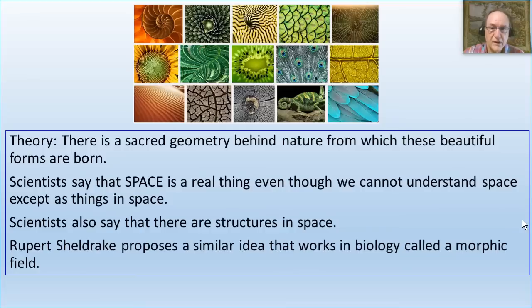Here's the theory. As I mentioned, there's a sacred geometry behind nature from which these beautiful forms are born. Now, this idea that there's a sacred geometry behind nature is becoming more popular in the sciences as well. Scientists say that space is a real thing, even though we cannot understand space except as things in space.